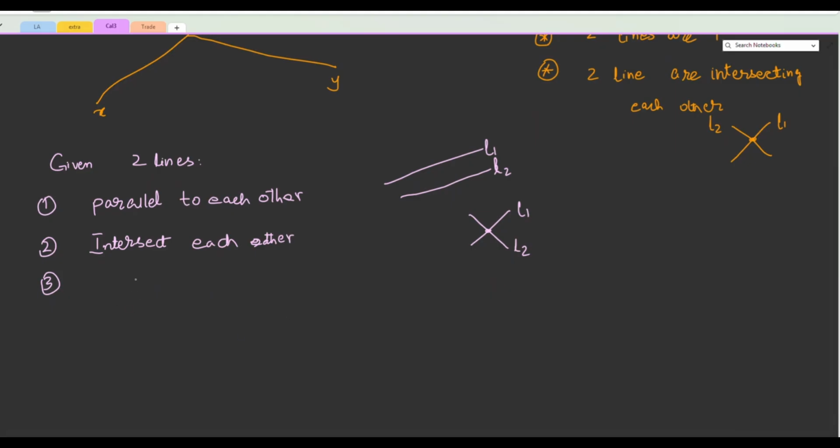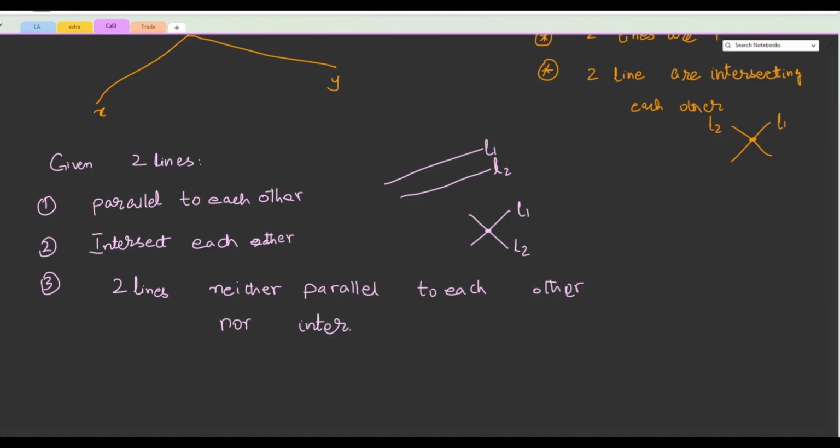The third possibility is that the two lines are neither parallel to each other nor do they intersect each other.